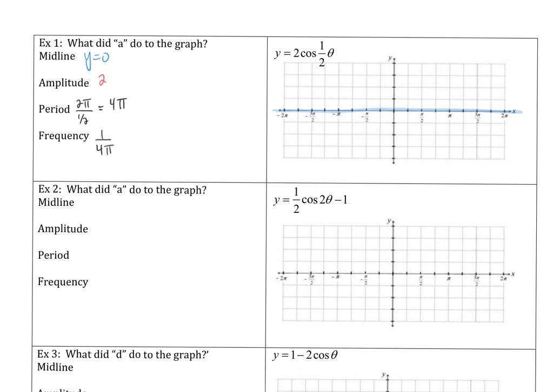So it's going to take us 4 pi in order for an entire rotation to be completed. We do have 4 pi up here between negative 2 pi and 2 pi. So let's go ahead and do what we can with this function, okay?